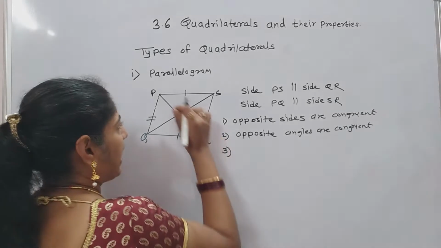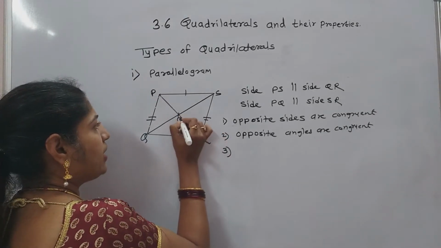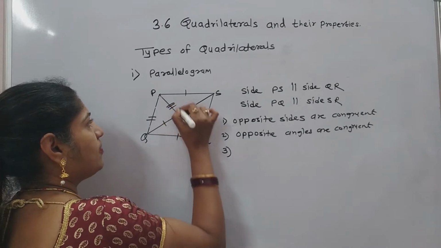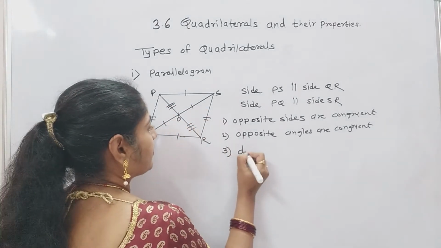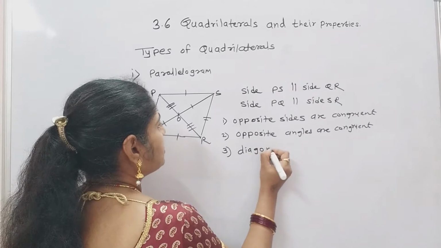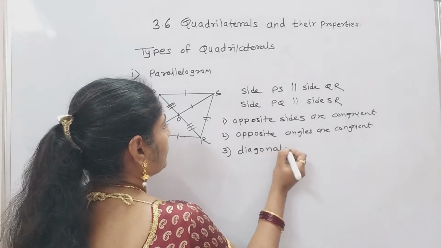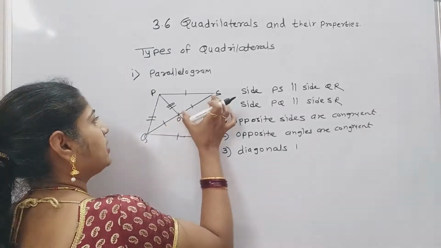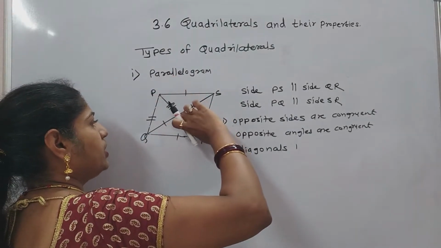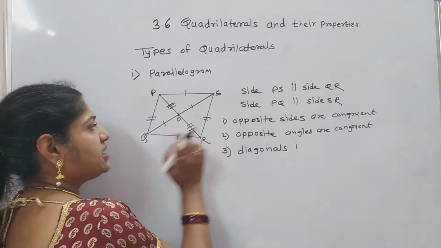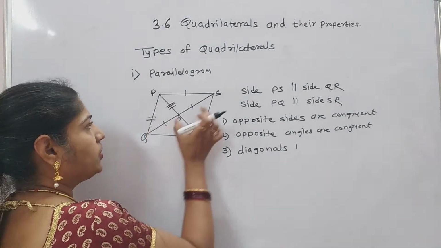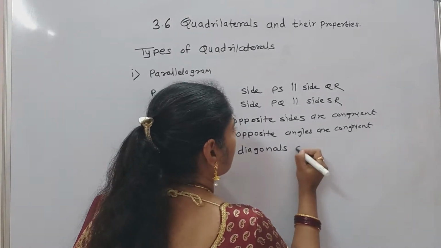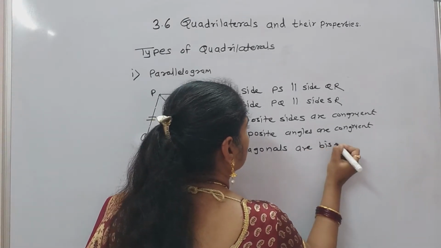Number three, diagonals. Diagonals bisect each other. Diagonals intersect at point O, and these are at equal distance: PO equals OR, OQ equals OS.